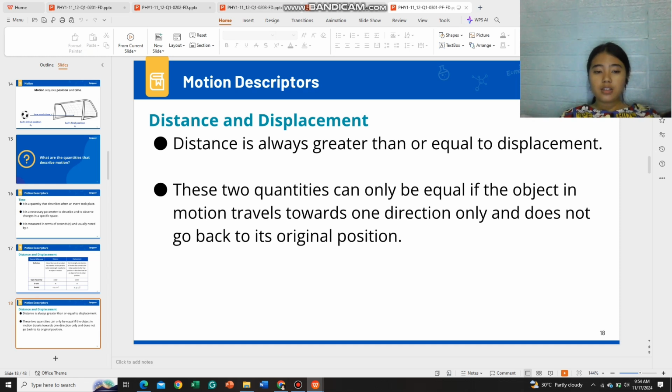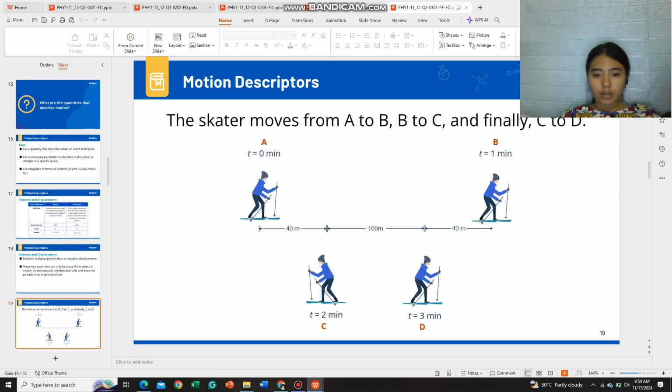So, distance and displacement. Distance is always greater than or equal to displacement. These two quantities can only be equal if the object in motion travels towards one direction only and does not go back to its original position. So, it does not go back and forth.